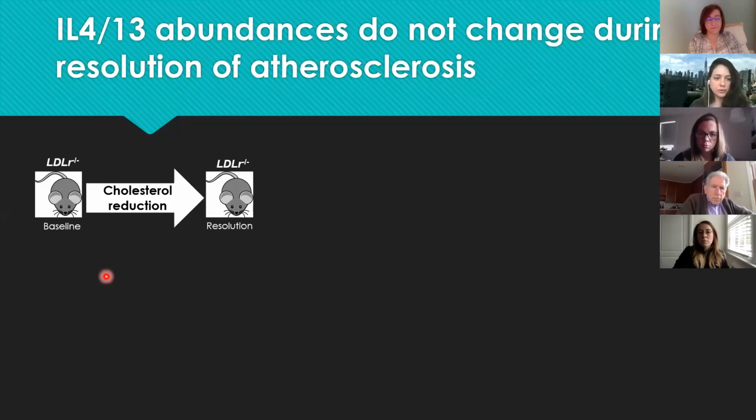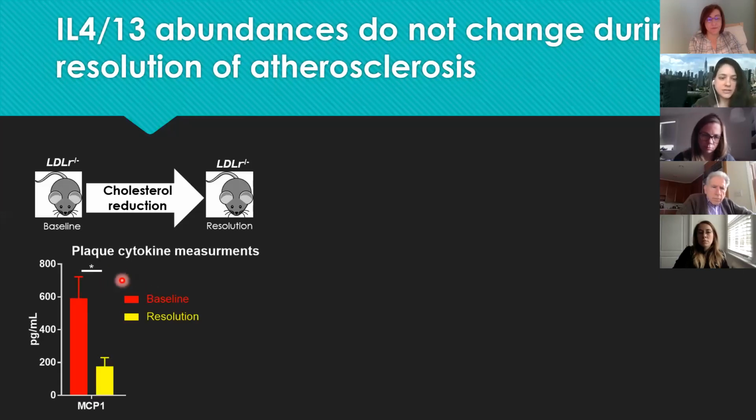So as a control to see if this actually works, we looked at MCP1, which we previously showed both by mRNA levels and also protein levels to be decreased in resolving plaques. And again, when we did this ELISA, we saw a clear reduction in MCP1 in resolving plaques.